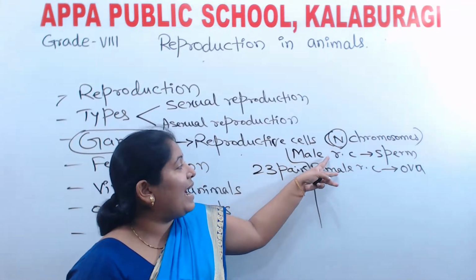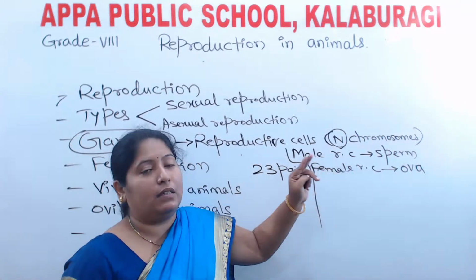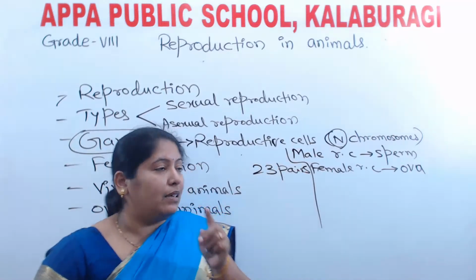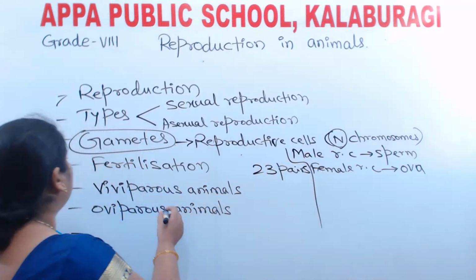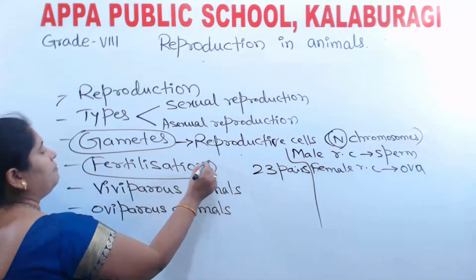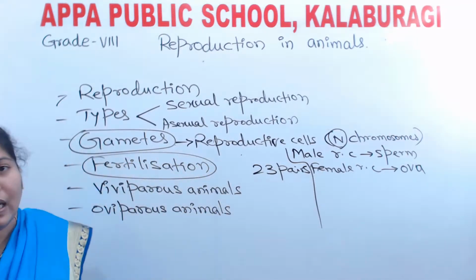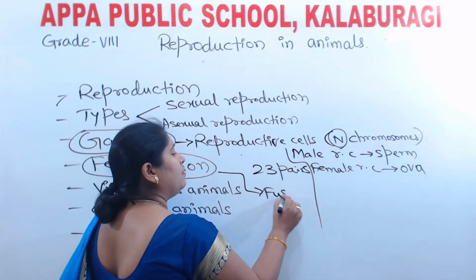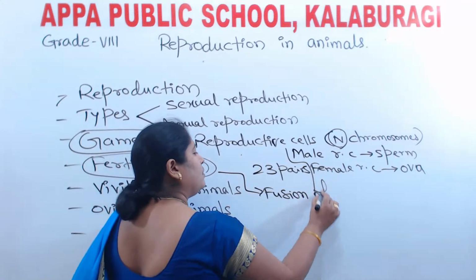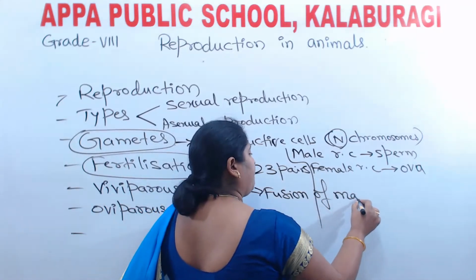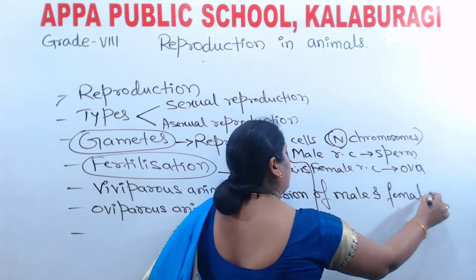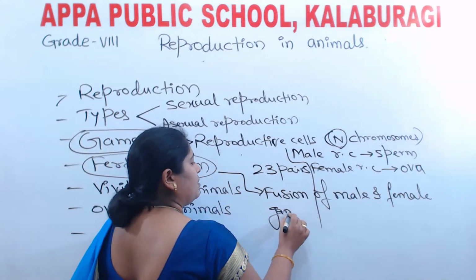When these two gametes, male and female, fuse together, the next step is called fertilization. Fertilization is nothing but the fusion of male and female gametes.